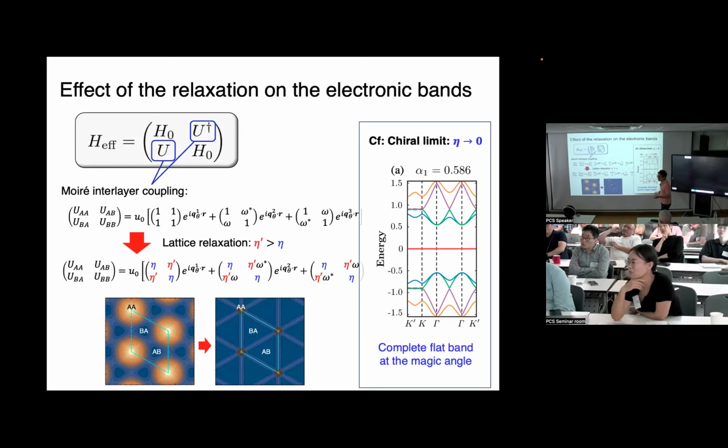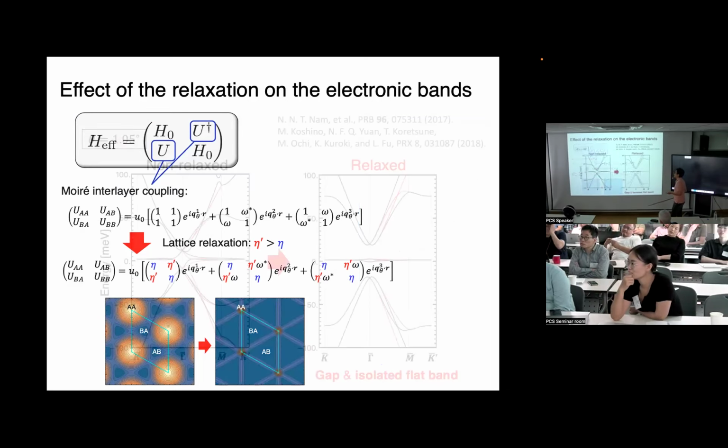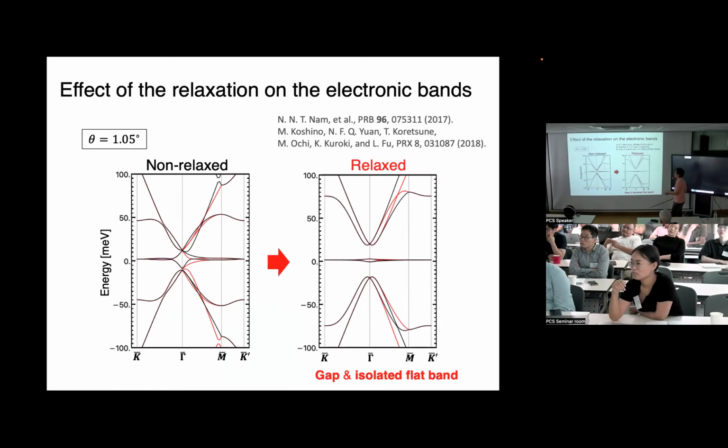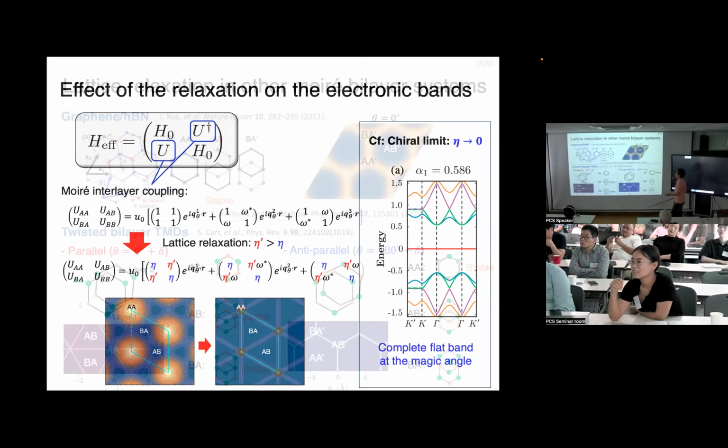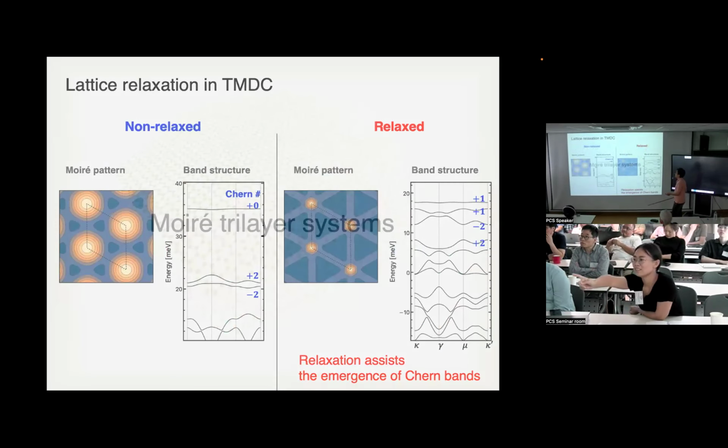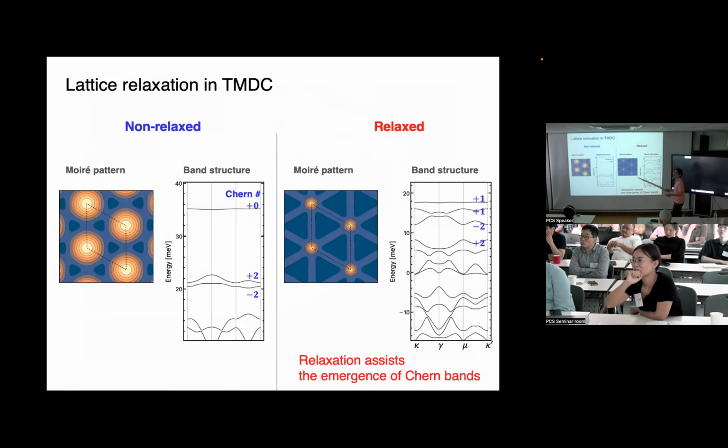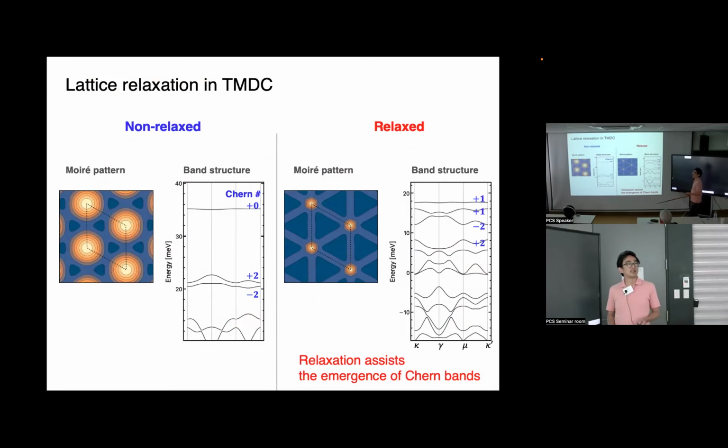Twisted bilayer graphene. Yes. But for twisted TMD, it seems opposite. When you relax, yeah, it's very complicated. It's a different system. And flatness is not always helped by the relaxation. Very complicated.